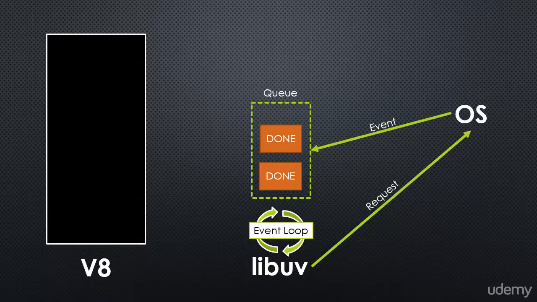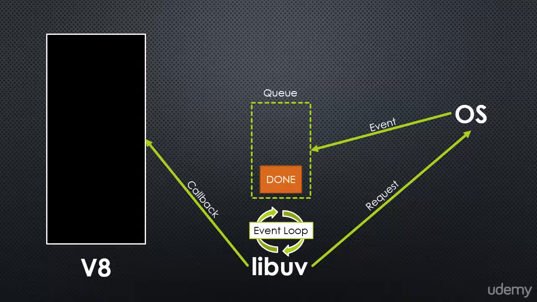So on every loop, libuv checks the queue, and the operating system may put more than one, hey, I finished that, inside there. But while checking in that loop, libuv sees that something is complete, it processes it, and it runs a callback. That is to say, code that is meant to be run when that event completes.